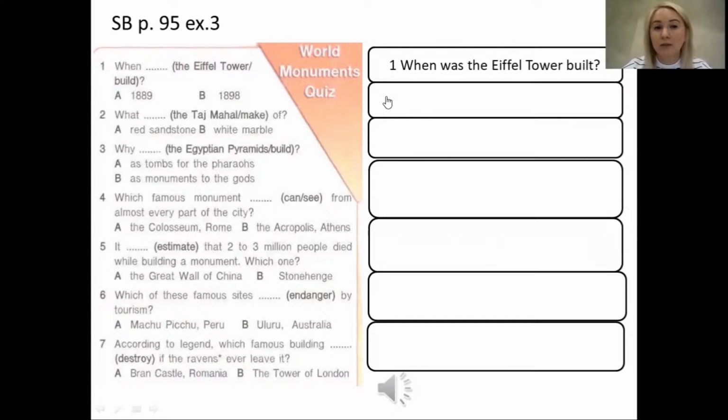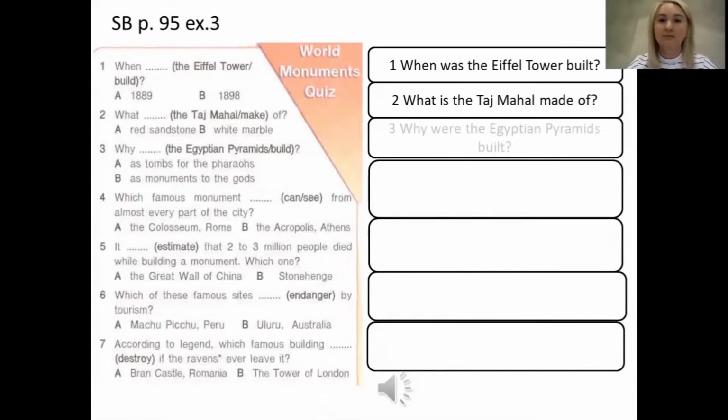So let's do the second one. What is the Taj Mahal made of? Look at the third one. Why were the Egyptian pyramids built?